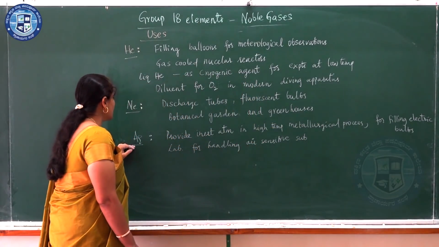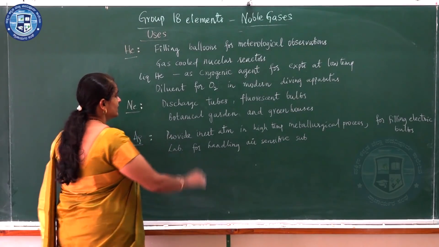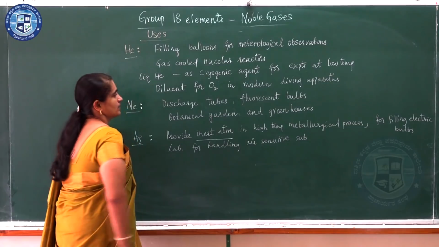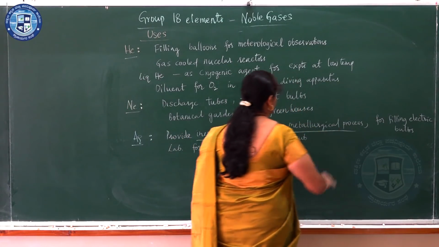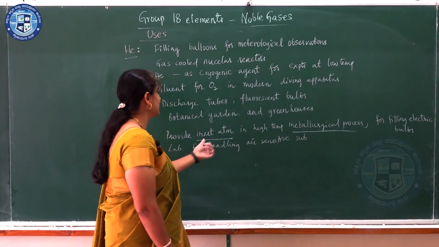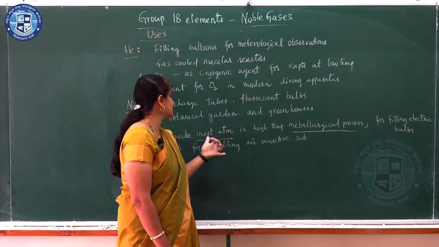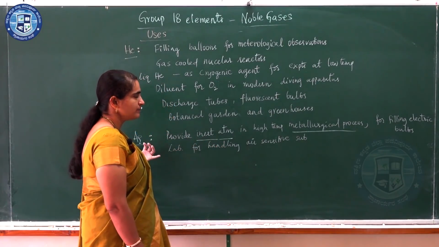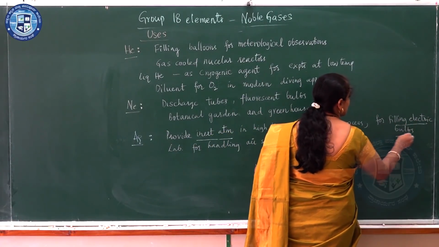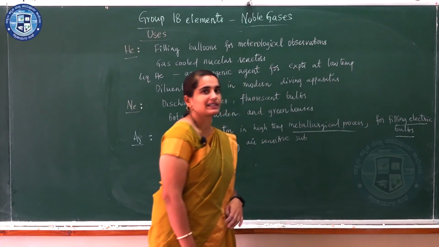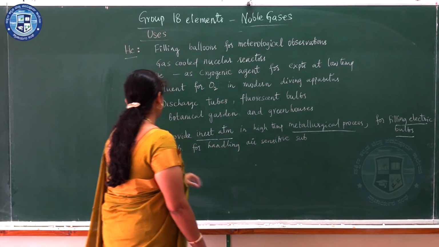Next, argon. Argon is generally used to provide an inert atmosphere. So usually in high temperature metallurgical processes, wherever we need an inert atmosphere, there we generally make use of argon, and even it is used for filling electric bulbs.